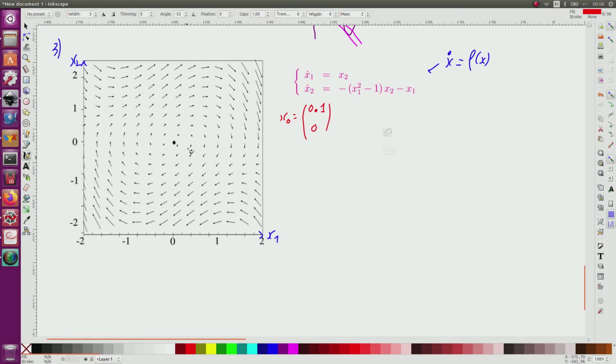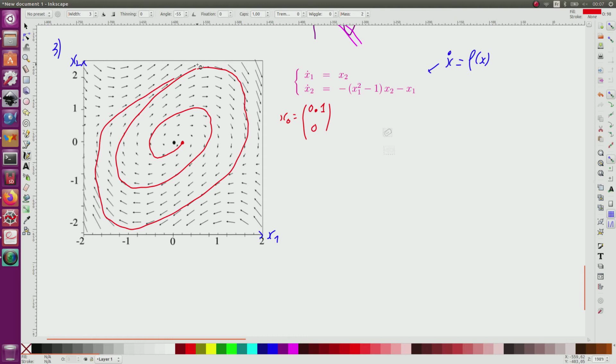So it means that it is here. If I follow the vector field, I will do something like this, and I will converge to a limit cycle corresponding to the van der Pol limit cycle.